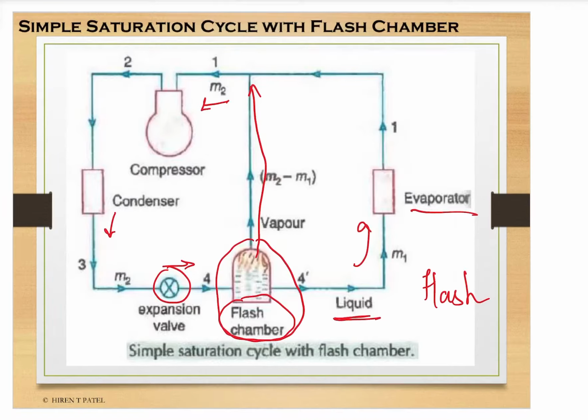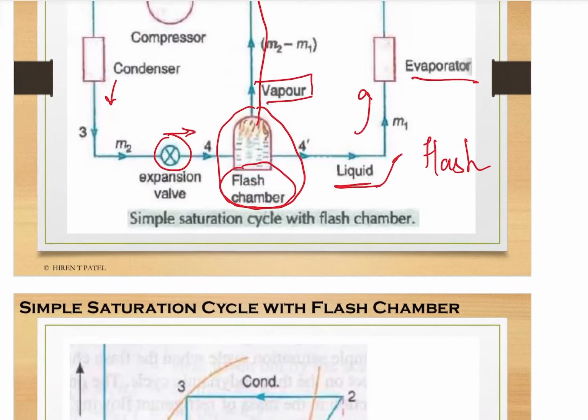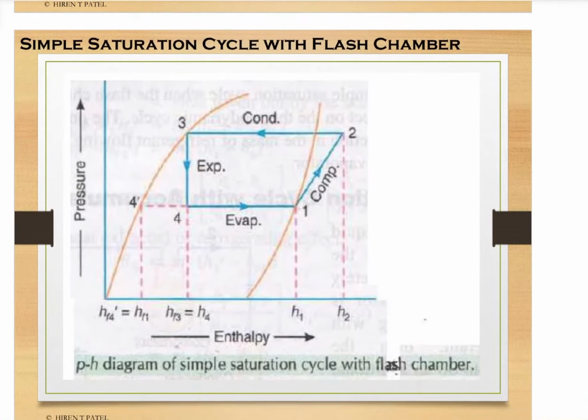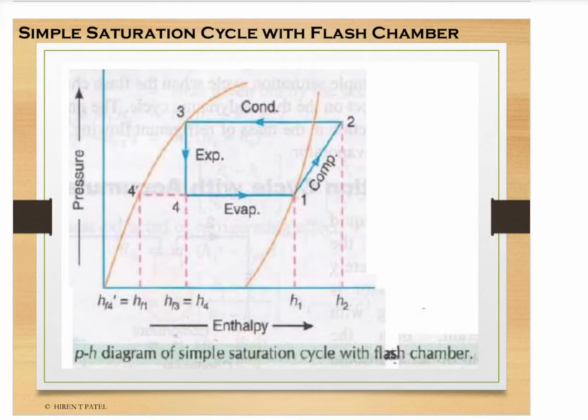Now consider that a certain amount of refrigerant is circulating through the condenser. After passing through the expansion valve, this refrigerant is supplied to the flash chamber, which separates the liquid and vapor refrigerant. The vapor is directly transferred to the compressor and the liquid is transferred to the evaporator. The p-h chart of this system is like this.